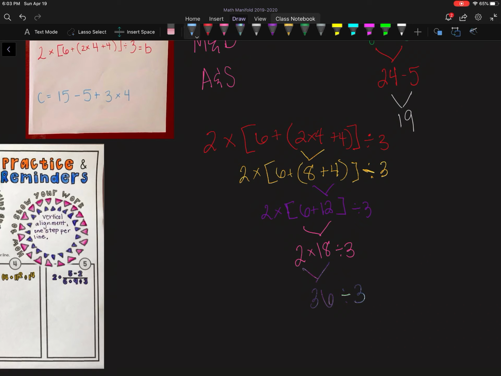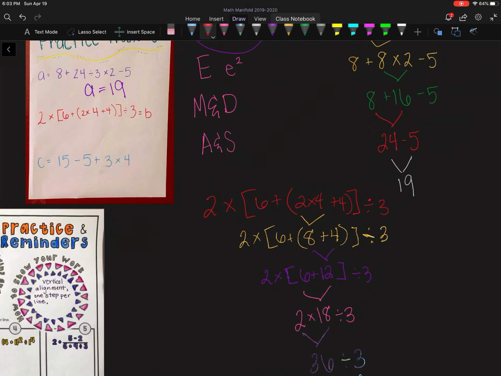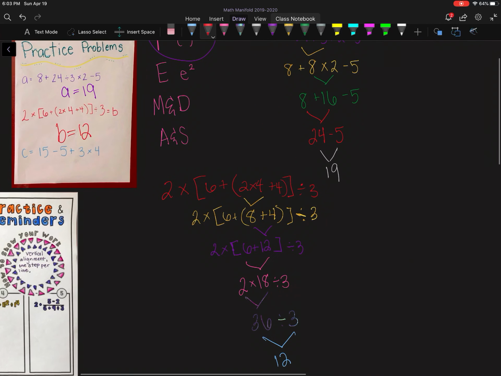And then I need to divide by 3. So 36 divided by 3 is 12. So B equals 12. So for my very last problem, we have 15 minus 5 plus 3 times 4.